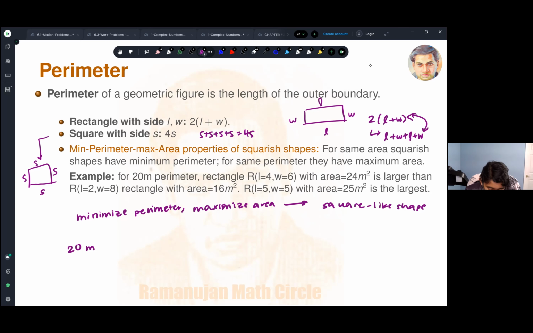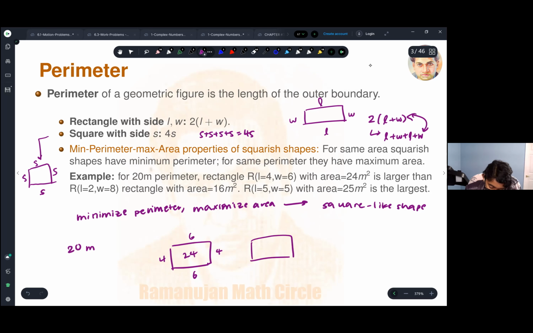For example, if there's a question with 20 meters of perimeter, and your boundary is a rectangle, then if it was 6 and 4, the area would be 24. If it were 2 and 8, it would be 16.